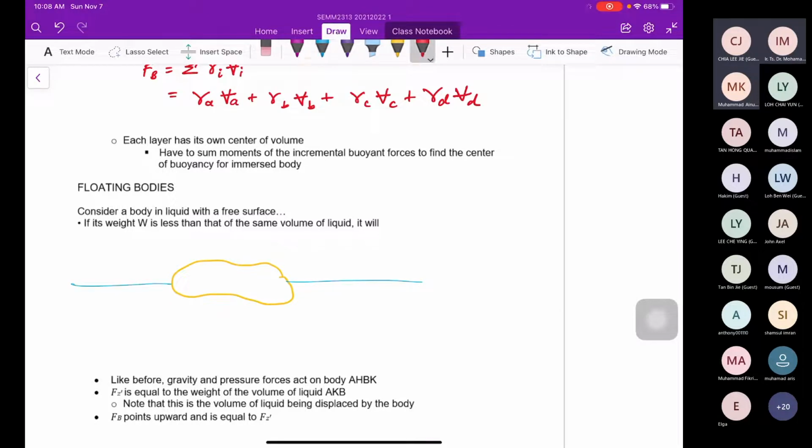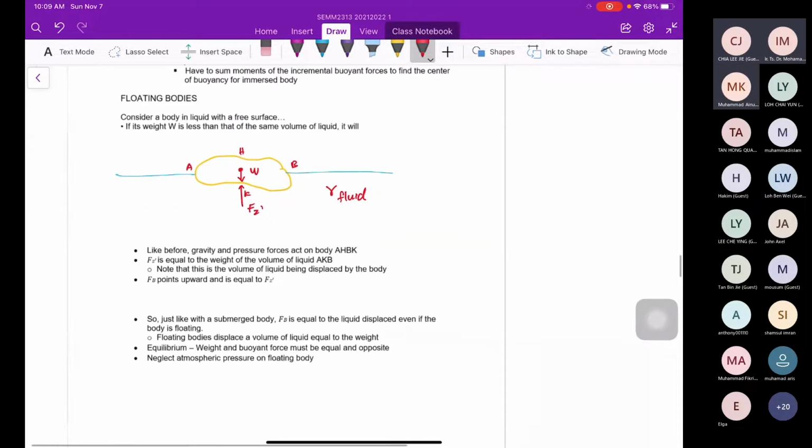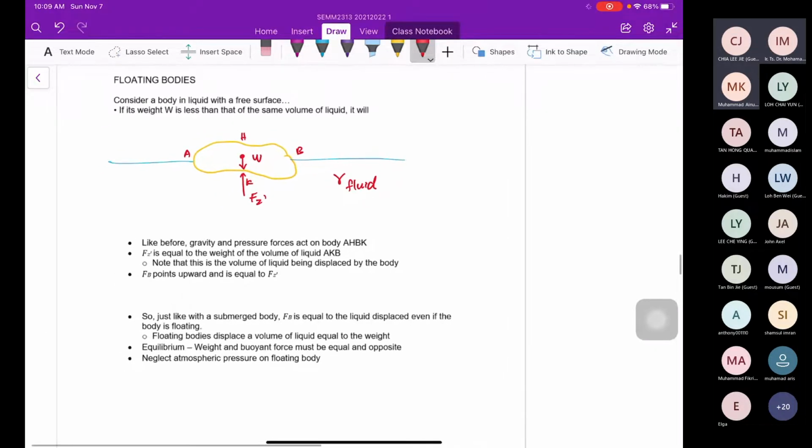Let's label these points A, B, H, and K. This body has a centroid, where the weight as well as the buoyancy act. This is Fz prime. Let's say this is gamma of fluid. So from here, the Fb pointing upward must be equal to Fz prime.